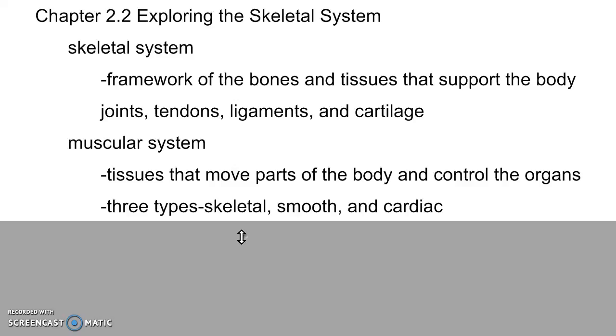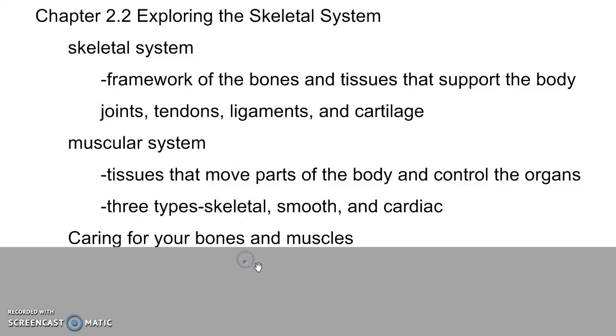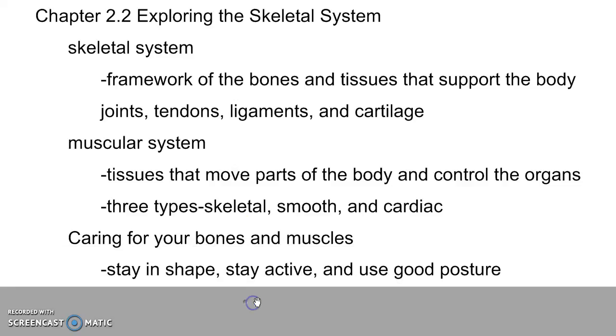From there, we're going to talk a little bit about caring for your bones and muscles. Obviously, the biggest thing is to stay in shape, stay active, and use good posture. Staying in shape means you don't just sit on the couch all day. You actually go out and do stuff, be a little active, and those first two go well together. 60 minutes of activity a day for kids K through 12 is the recommended number.